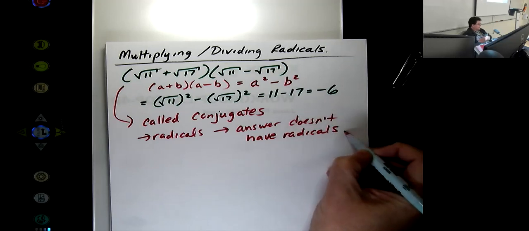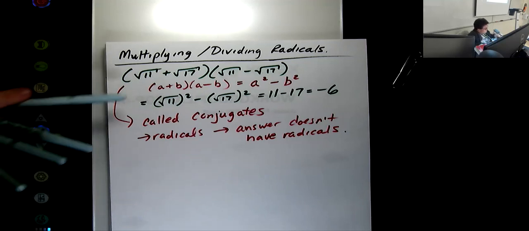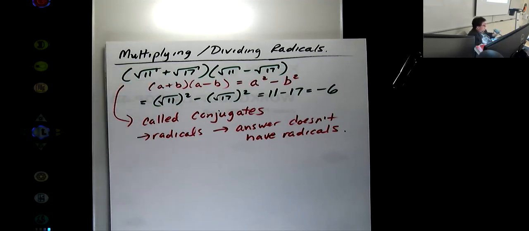That's pretty cool. It's only when the values are the same. It's got to be the a plus b and a minus b setup. And it's got to be square root. That doesn't work for the others.